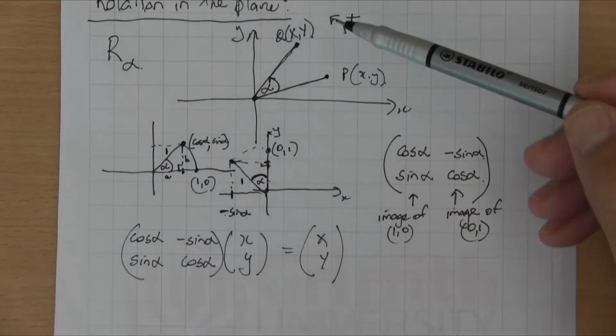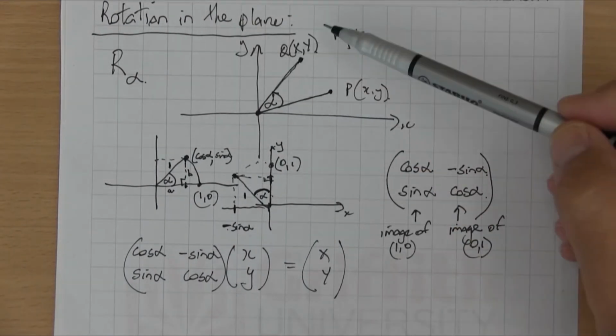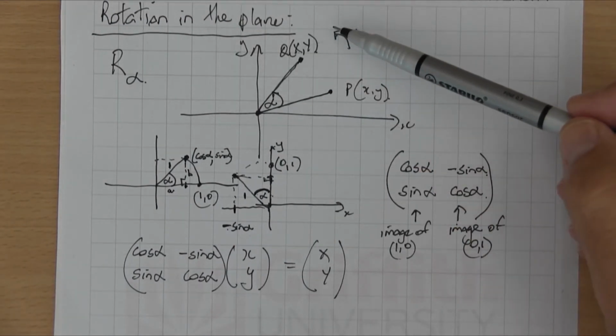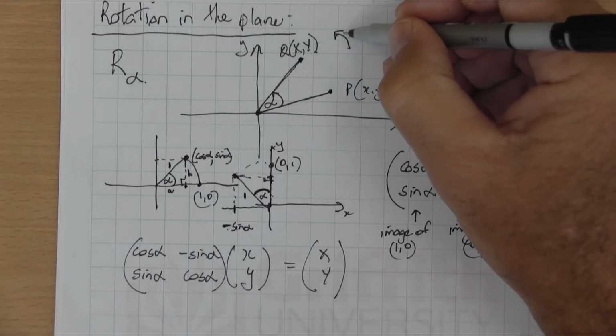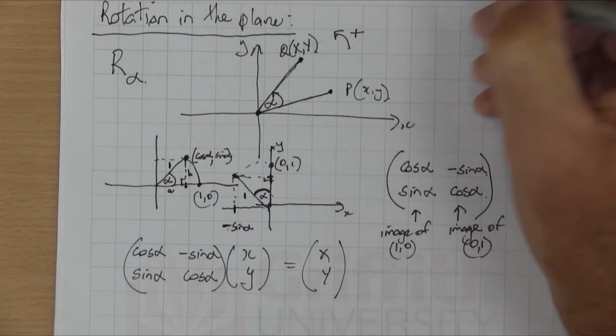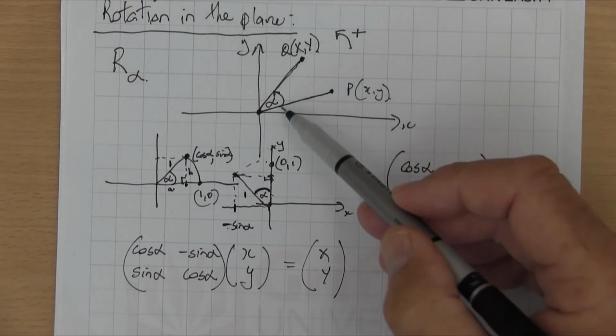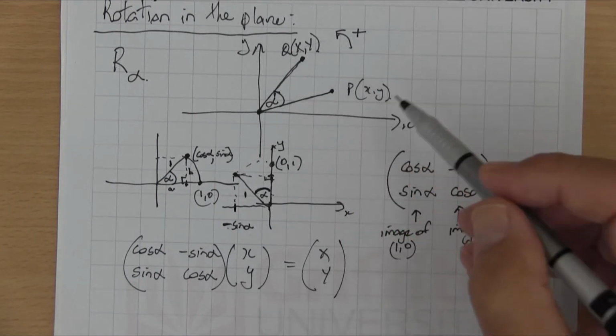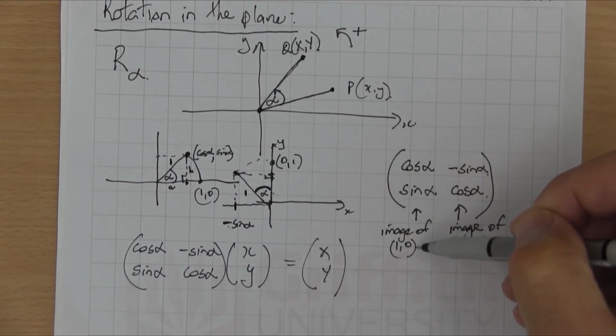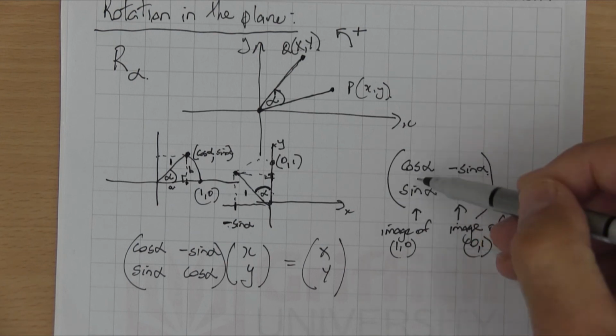So just going back again, we've got a rotation. Rotation is normally in the positive direction, and the positive direction is anti-clockwise. So you look at what happens to the point 1, 0 after that rotation.